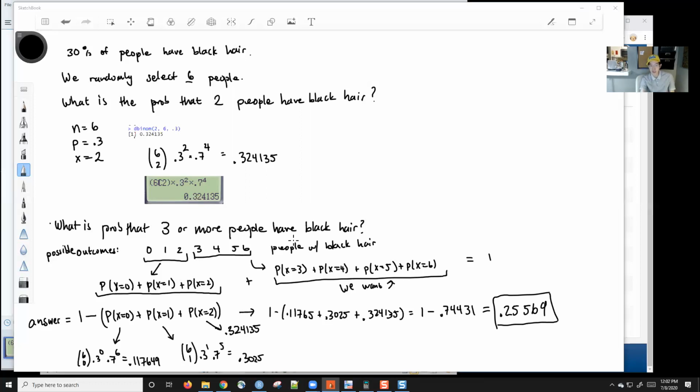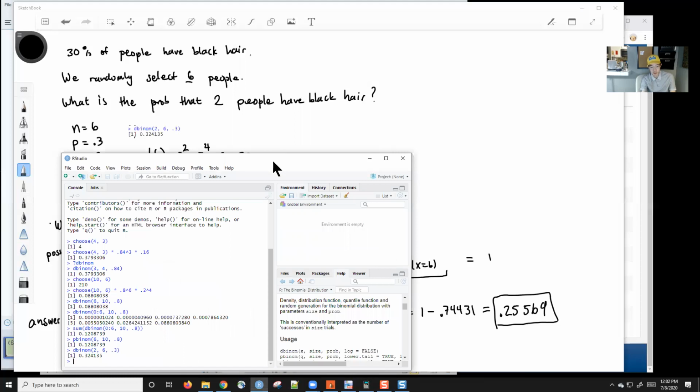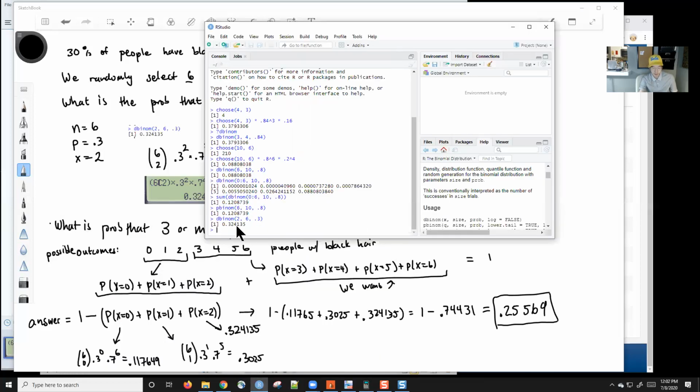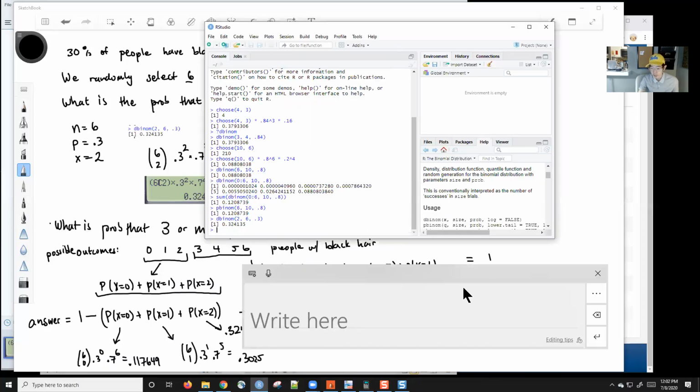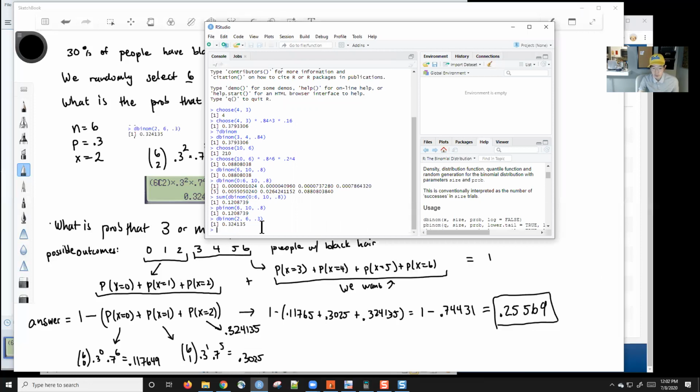All right. So if I said, what's the probability that 3 or more people have black hair? We could do it that way, and I can demonstrate that. So I could do the sum of p binom 3 through 6, where we have 6 and 0.3.